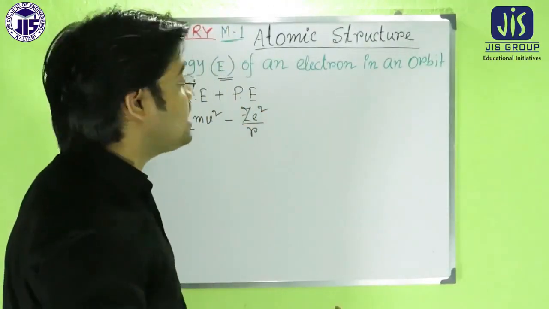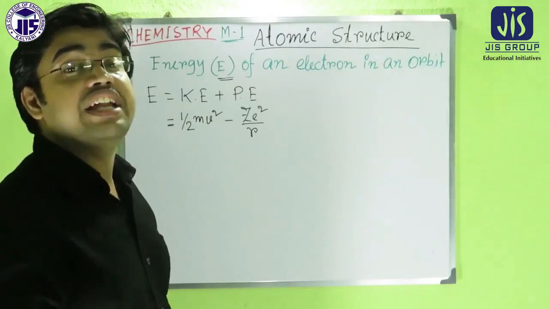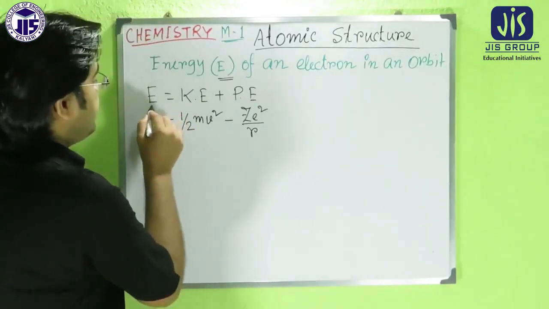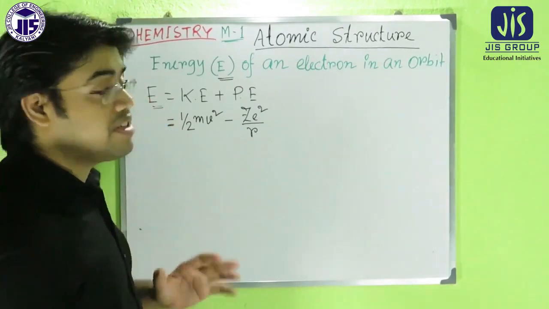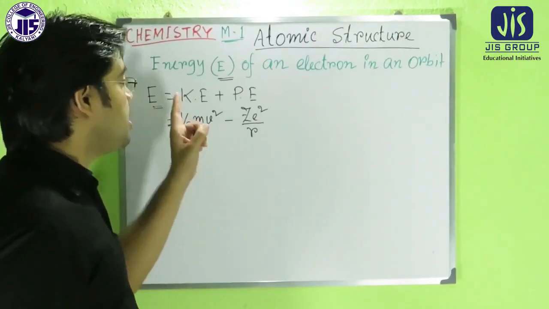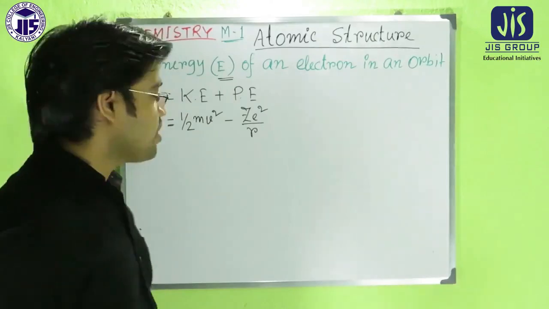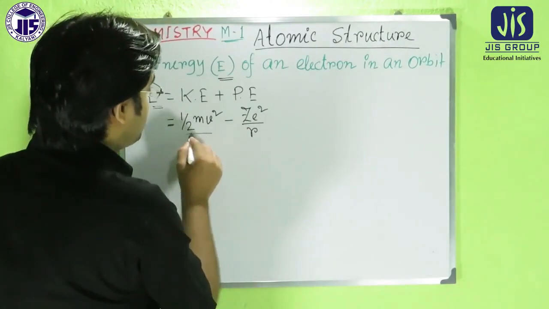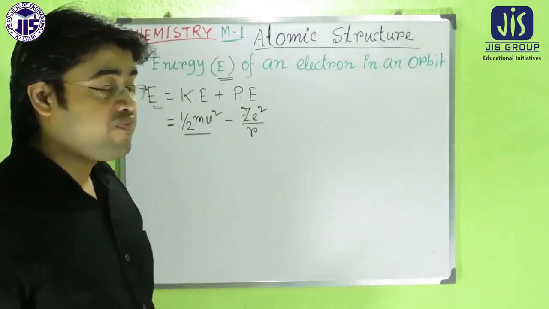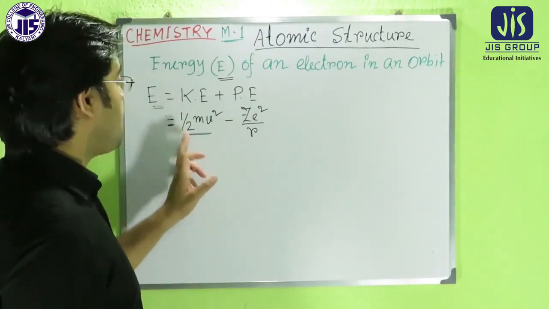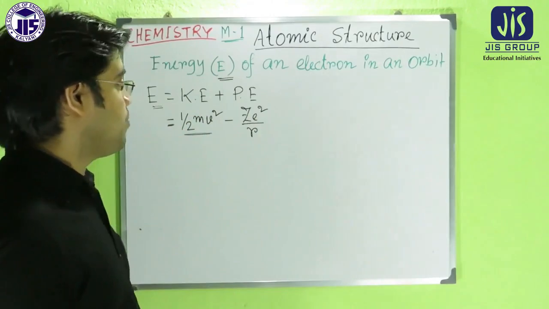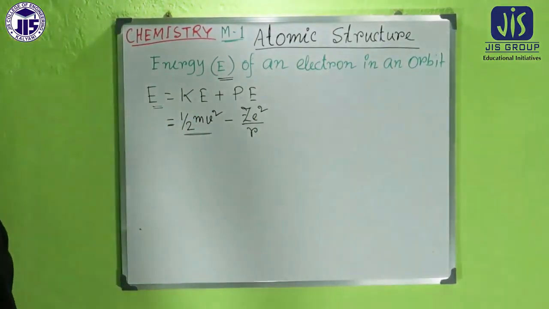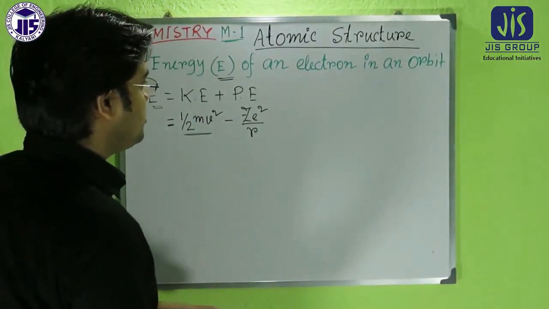Now how can we calculate that energy value? Energy here is the summation of kinetic energy plus potential energy. We know very well that kinetic energy equals half mv square. Potential energy equals Z e square by R. How can we determine the potential energy?